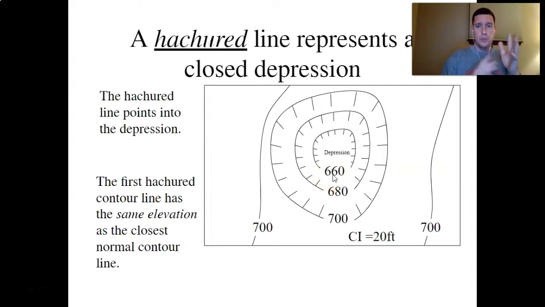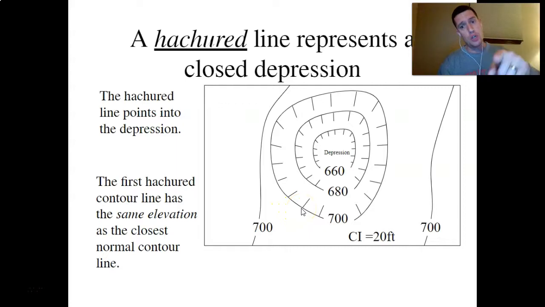So closed depression marks are a little tricky to label for contours because you're going to be tempted to write, well, I know this is downhill and I know the contour interval is 20, so a line downhill from 700 to 680. No. You're still walking uphill. Somewhere up here you're going to reach the top of the hill and start walking into the depression.